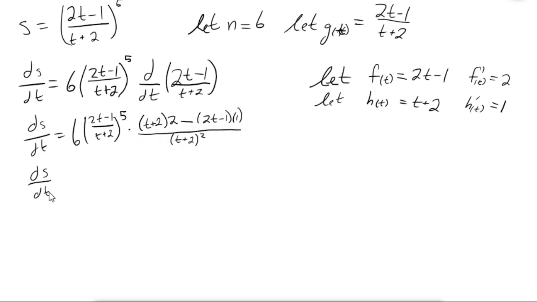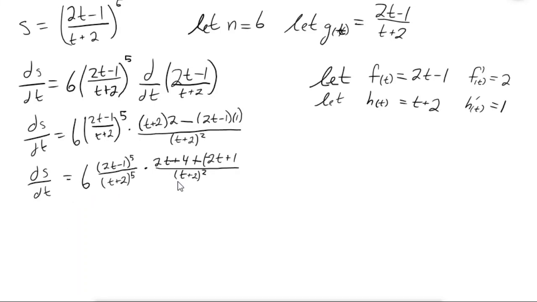So the derivative of my function s with respect to t is equal to, I'm going to draw the top slightly different from the bottom for now, (2t minus 1) to the power of 5 divided by (t plus 2) to the power of 5, multiplied by, well, our top here, we have 2t plus 4, minus (2t minus 1), which is the same as plus negative 2t plus 1, divided by (t plus 2) squared.